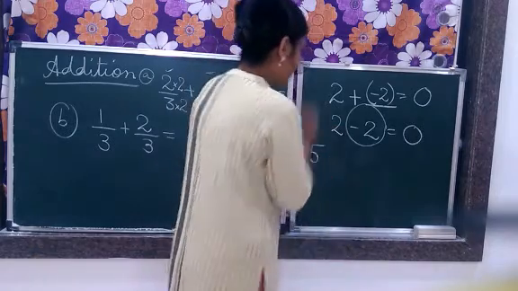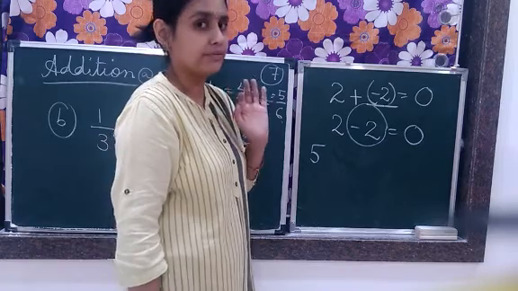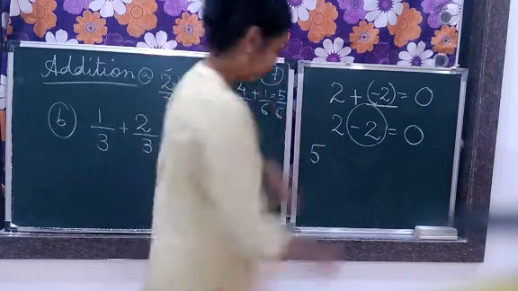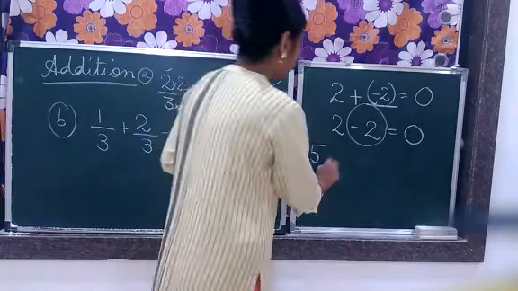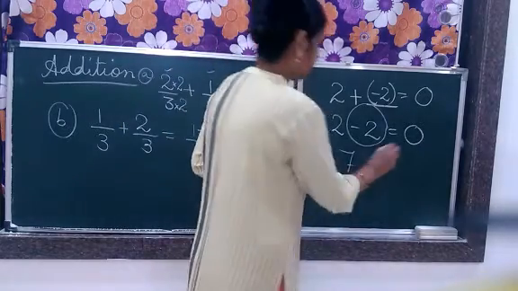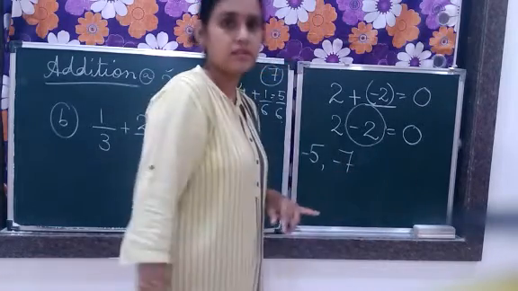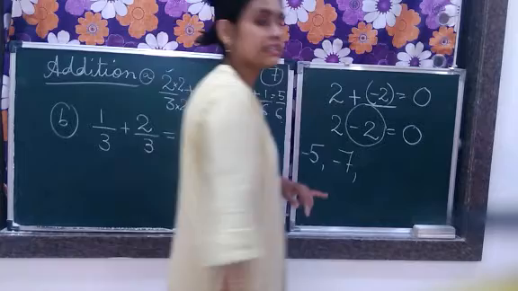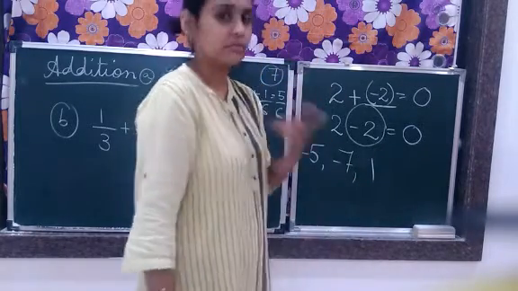So let's have some more examples. What is the additive inverse of 5? Negative of it, minus 5. What is the additive inverse of 7? Minus 7. Correct. What is the additive inverse of 1? Minus 1.